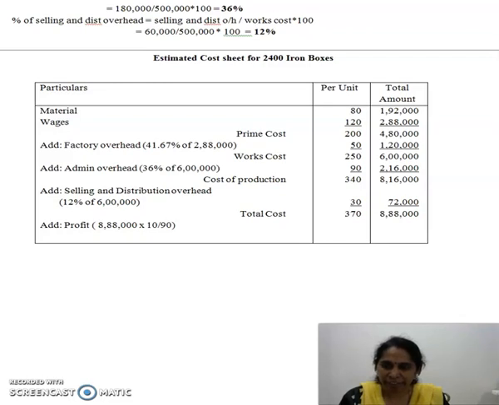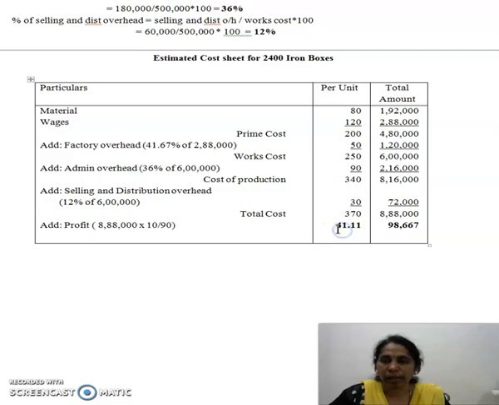Again I will try. 8,88,000 into 10 divided by 90. So 98,667. I'm going to round it off here. Okay. And per unit, if I divide by 2,400, it is coming 41.11.